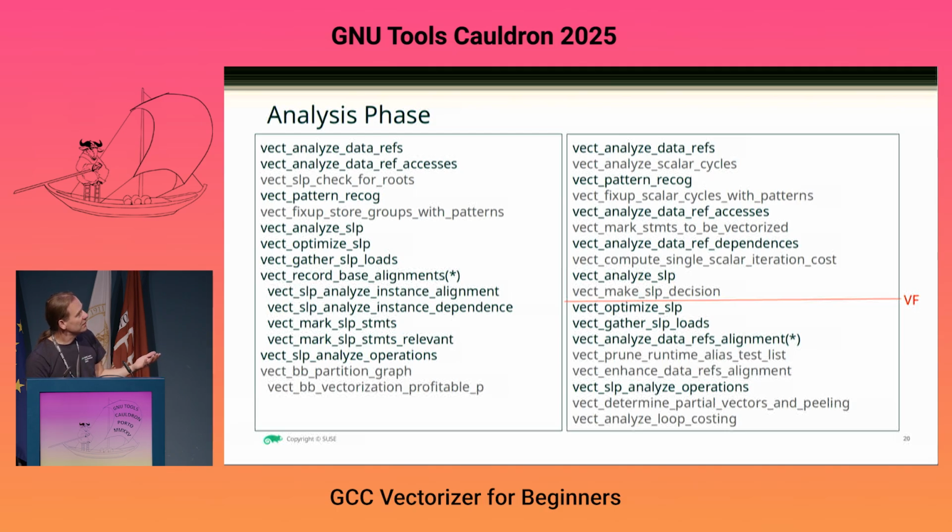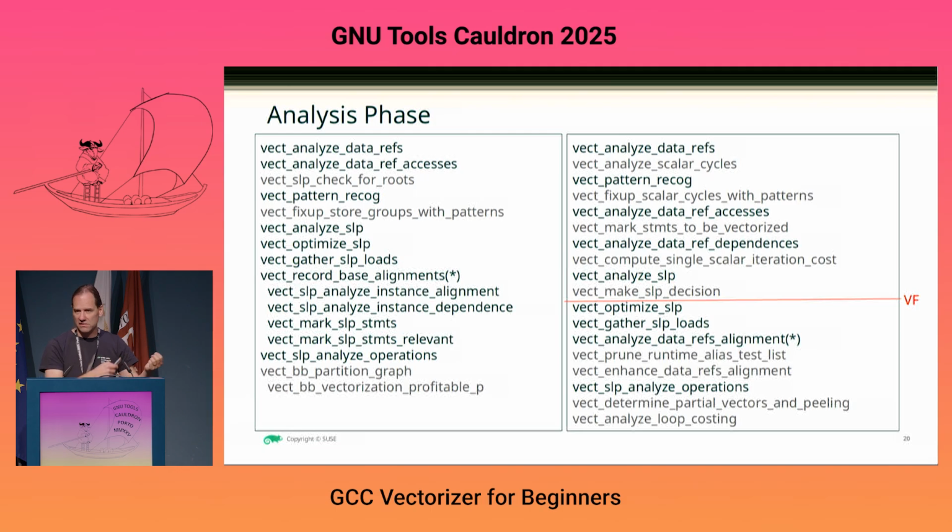Then the basic block analysis goes on with analyzing the data ref accesses. That's basically doing an extended analysis on the data references. So after we figured out the data references, we can actually analyze how they behave. The access analysis will try to relate different data accesses.